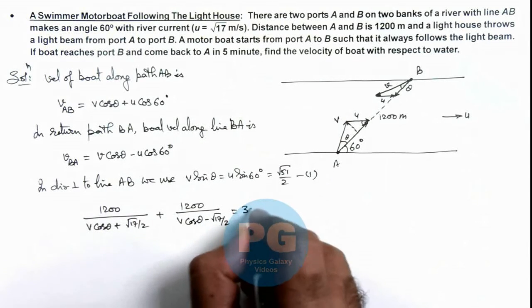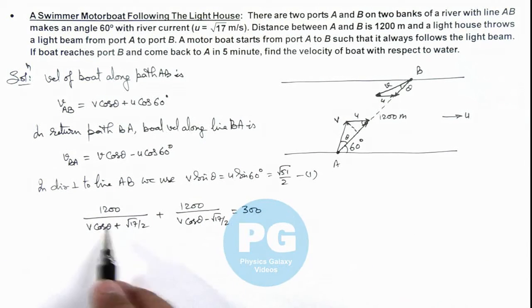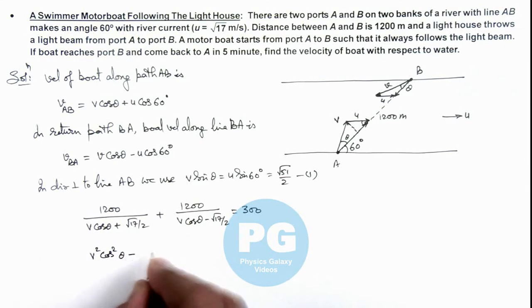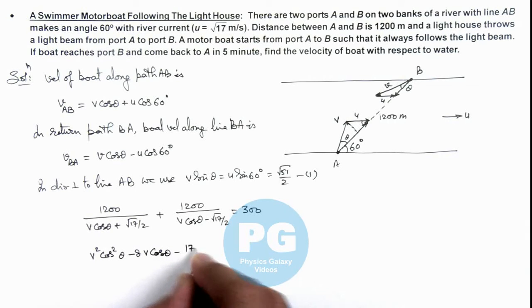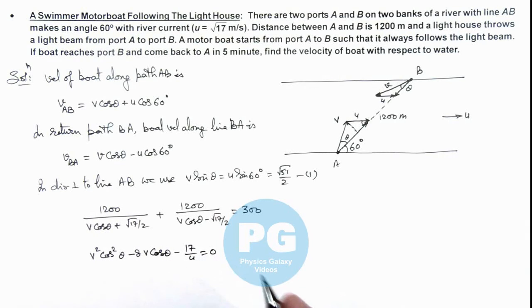This will be 300. If we simplify this equation, it will be a quadratic in V cos theta. On simplifying, we get V square cos square theta minus 8V cos theta minus 17 by 4 equals 0.